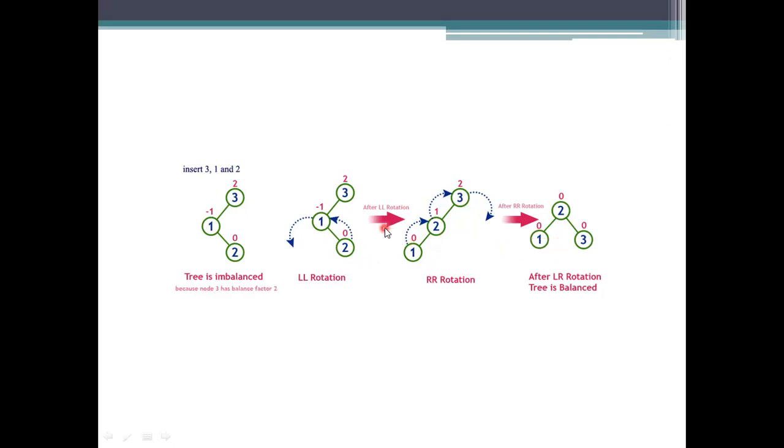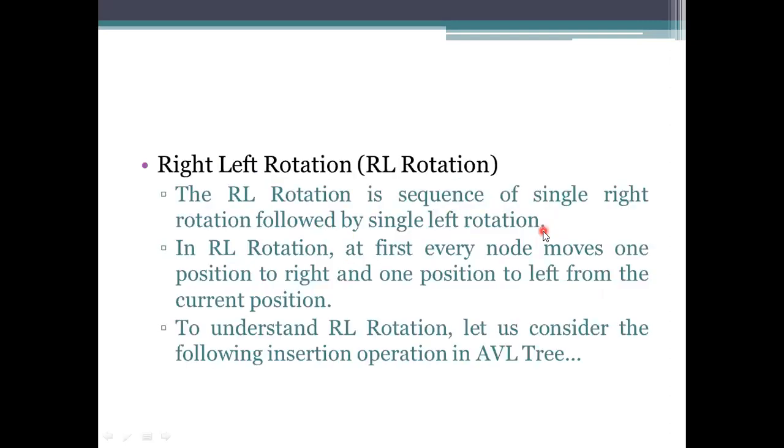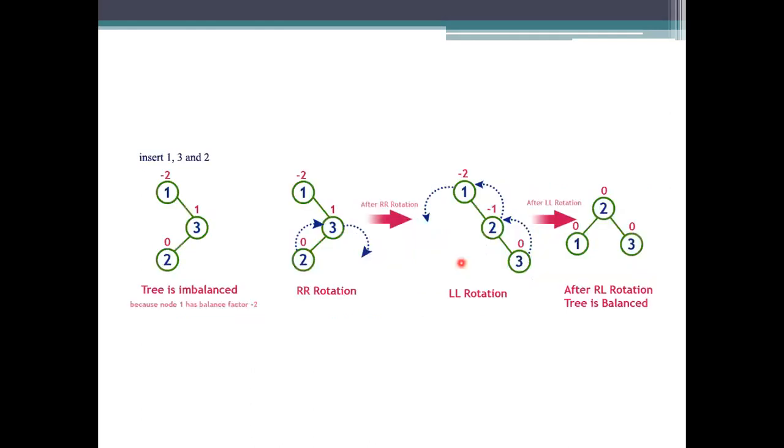So we need to perform the left rotation on this one, and that is the RR notation, right rotation on this representation. The same representation will be taken for this right and then left rotation. So here first we need to move the right position and then the left position.